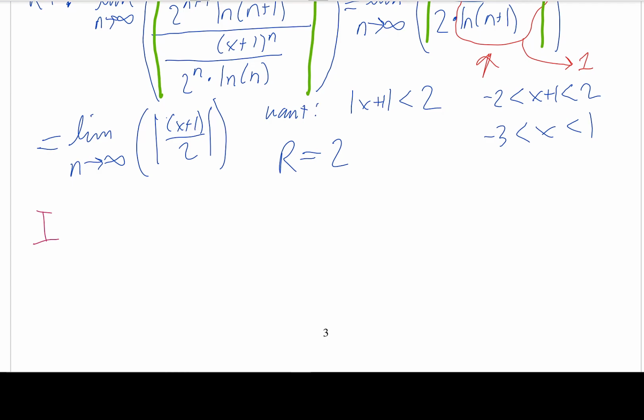Alright, so then our interval of convergence is at least -3 to 1. And so what we would need to do is test our endpoints.